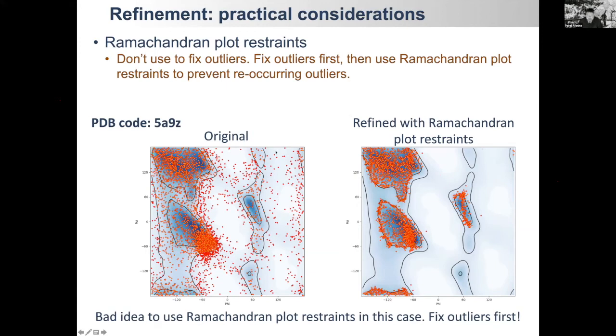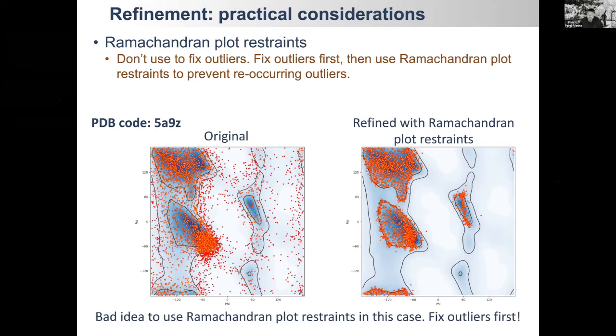Your desire is to get rid of these outliers, right? So one way to do this is to abuse restraints and say, well, I just take the structure, turn on Ramachandran plot restraints and let them do the job. So that's abusing Ramachandran plot restraints.